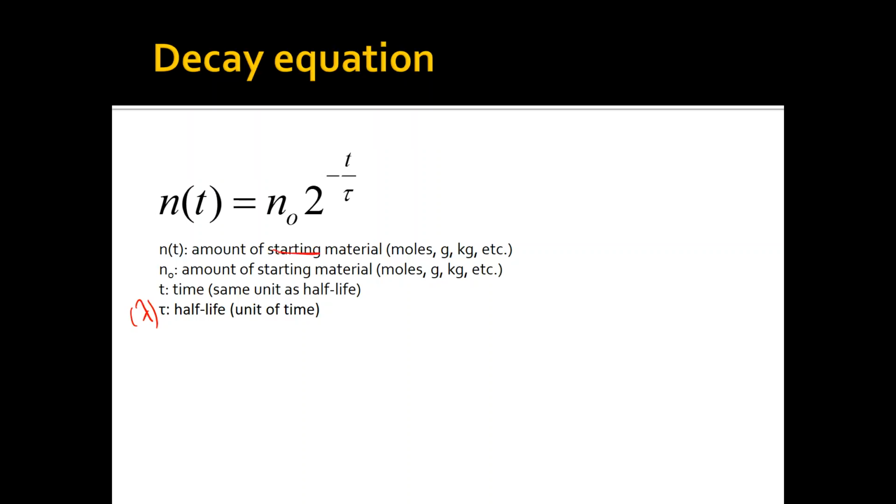That's a mistake. N is the amount of material at time t. And N naught is the starting material, the initial amount. Yeah, because some things are measured in years and some are measured in milliseconds.